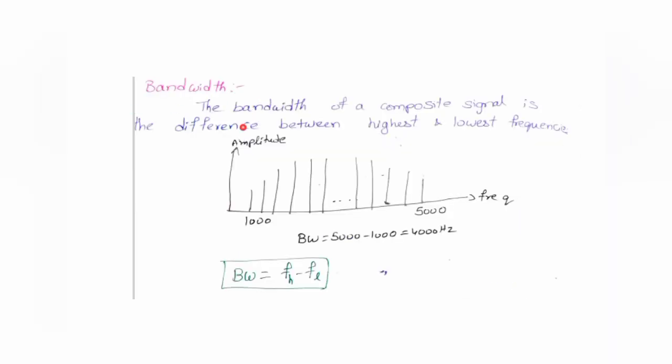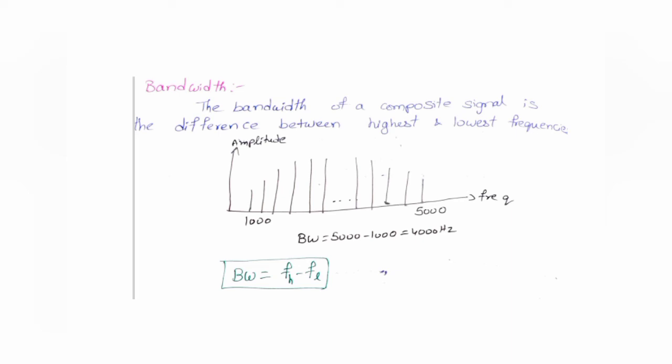So next one is the bandwidth. The range of frequencies contained in a composite signal is called the bandwidth. So the bandwidth is normally the difference between the highest and lowest frequencies.